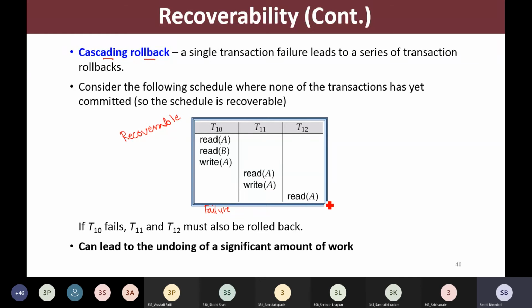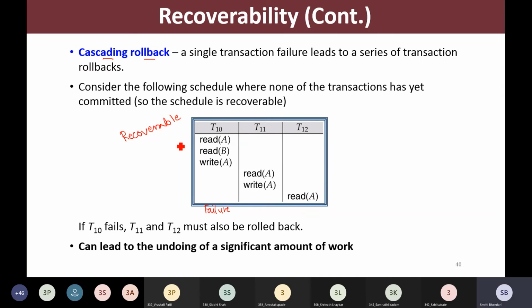After executing all those instructions, there is a failure of the first transaction, T10. Then the system needs to abort T10. Whatever was written by T10 is read by T11, so T11 also needs to be aborted. Whatever was written by T11 is read by T12, so T12 must also be rolled back.